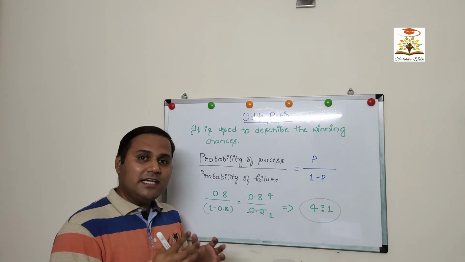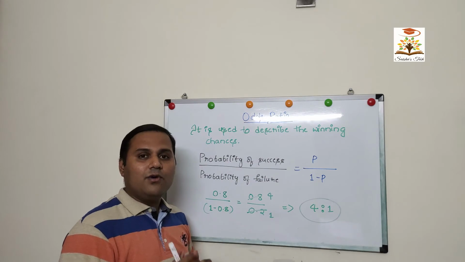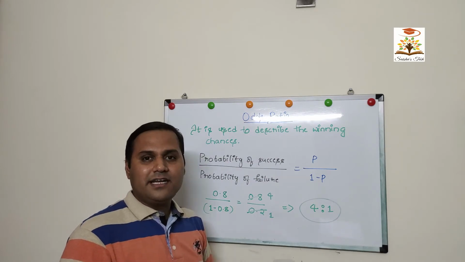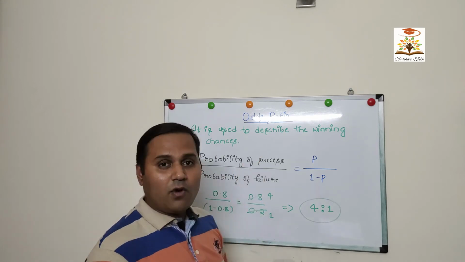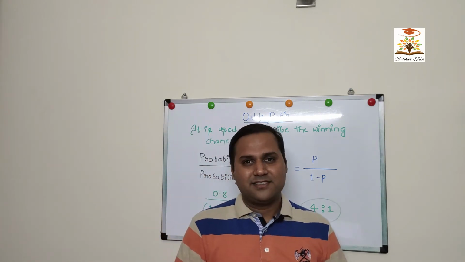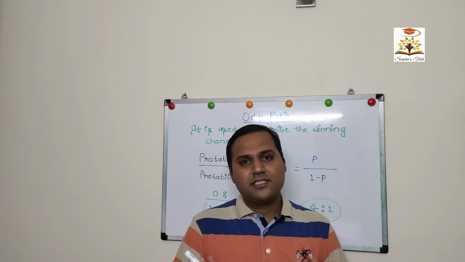Here 4:1 is the odds ratio for the winning team. This is how a concept of odds ratio is represented as. Now let us understand the odds ratio scenarios mathematically in logistic regression.